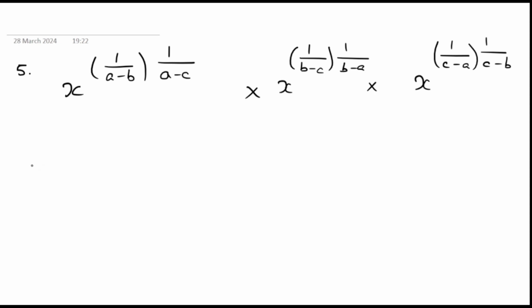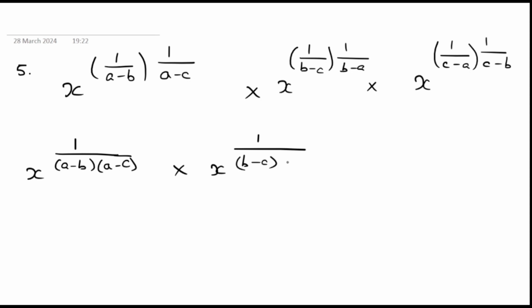The powers are multiplying, so you will get x to the power 1 divided by (a minus b) into (a minus c), into x to the power 1 divided by (b minus c) into (b minus a), into x to the power 1 divided by (c minus a) into (c minus b).